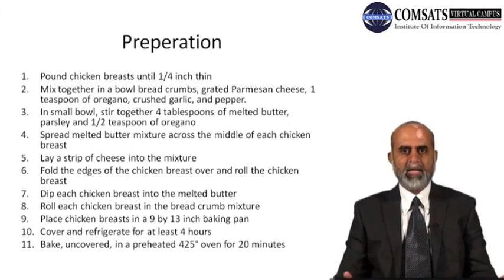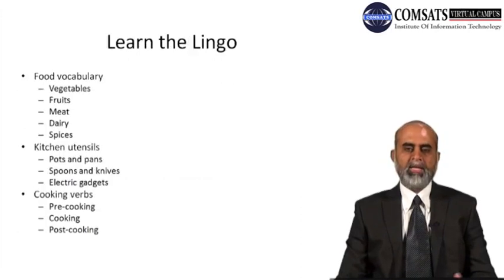So we are learning how to cook chicken Kiev, and in the meantime we are also learning how to write instructions properly. But in order to write a recipe, you first need to learn the lingo. Lingo means language. So you need to learn the language related to food and cooking.